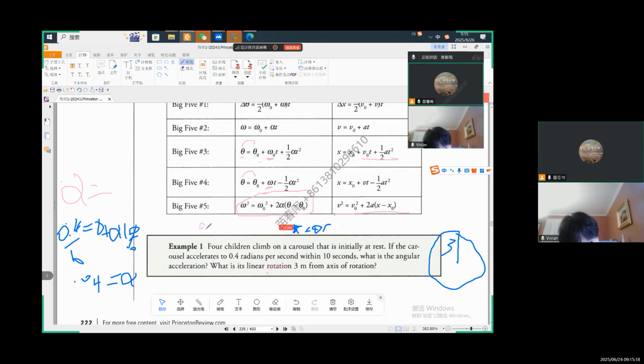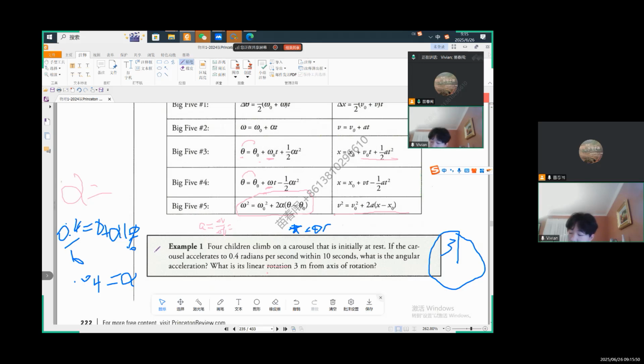So which means a, basically he's asking a is delta v over delta t. Velocity. Wait, isn't x equal to theta r?